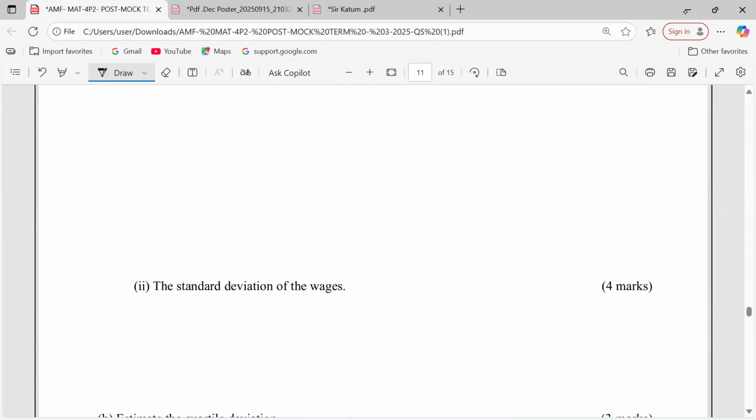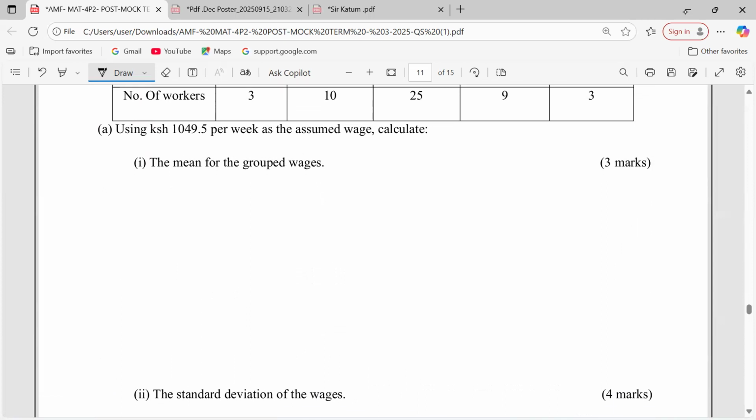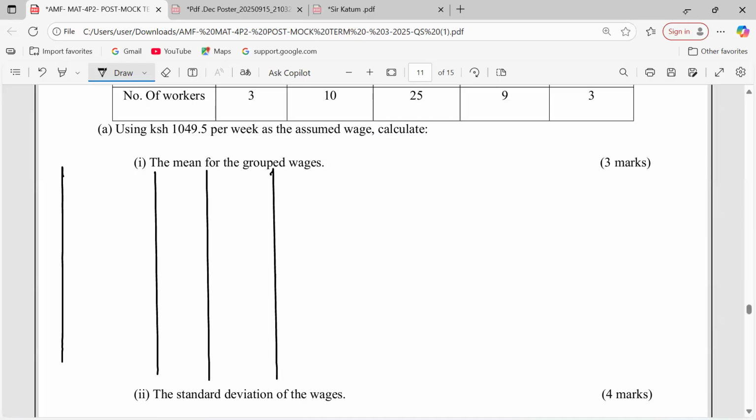So let's check into these. We're supposed to manipulate the table to have it in a different format so that it enables us to work out the many statistical measures that are required. So let's go. We can have the classes there, their respective frequencies at that point. Then, because it's mean, we can't fail to work X, the midpoint.